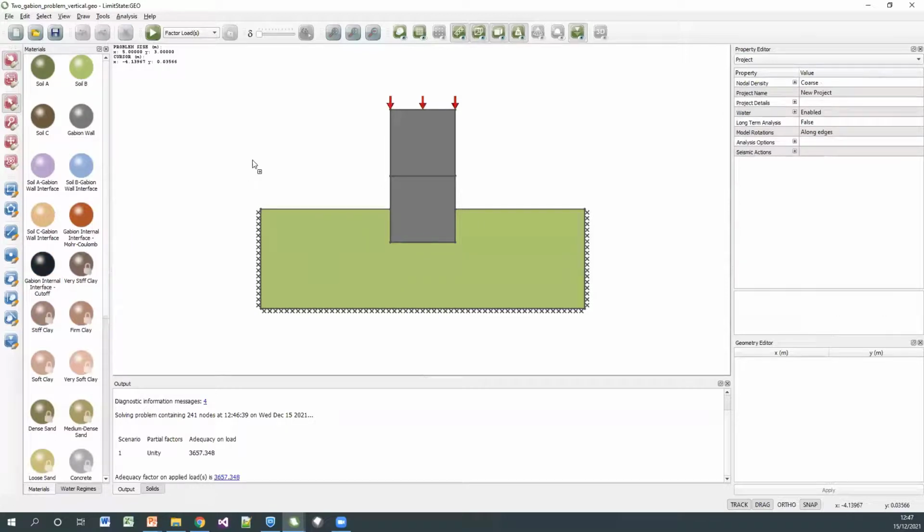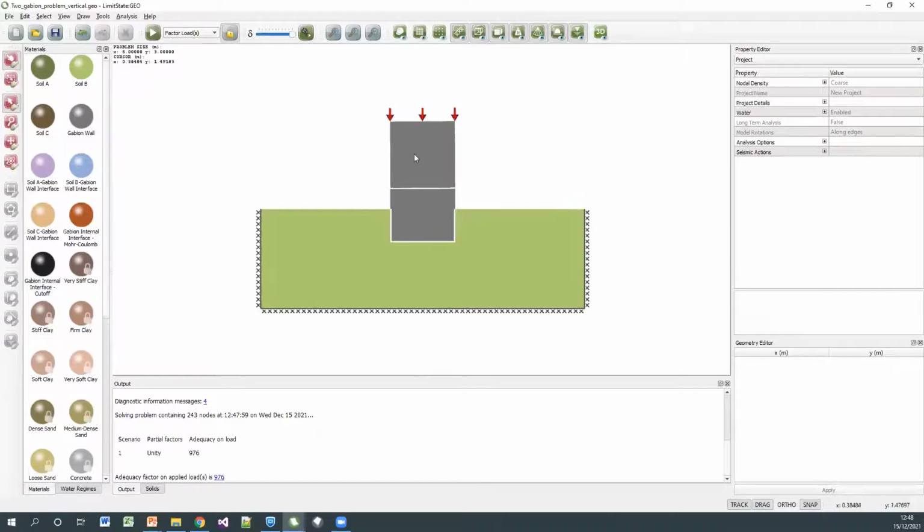I can take that material, I can use drag and drop to drop it wherever I want. I'm going to drop it on that interface. That interface now has that cutoff material on it. And if I click on that, look at its properties, it says it will limit the compressive stresses on that boundary to 1000 kPa and the tensile stresses to 50. So if I then press solve, I get an answer of 976.